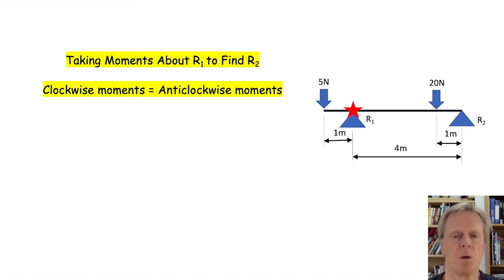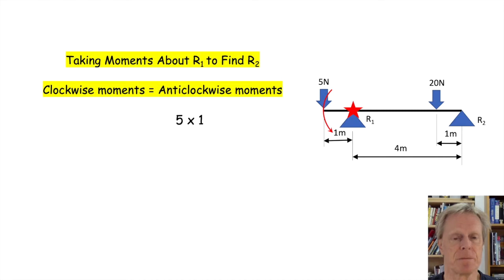Then we look at the first force, starting from the left-hand side, which is the 5 Newton force acting at 1 metre from the pivot, or from where we're taking moments. That's going to tend to turn the beam in an anti-clockwise direction, so that goes on the anti-clockwise side of the equation.